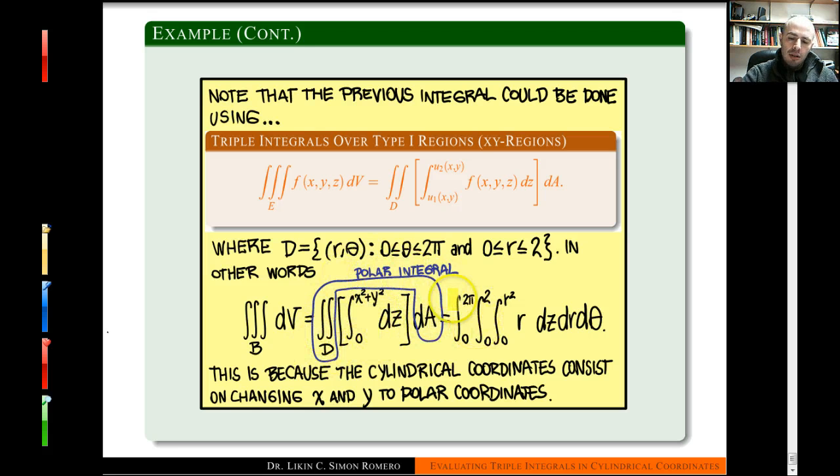And the other integral, notice that it's a polar integral, and that's why you have this setup. So cylindrical coordinates can be done with things that we have done before, because cylindrical coordinates consist of changing x, y to polar coordinates. So basically you are doing a double polar integral. The only difference is in cylindrical coordinates you are setting up the integral all at once.